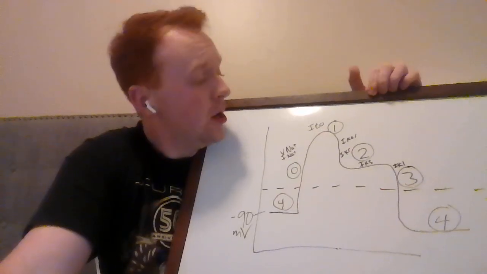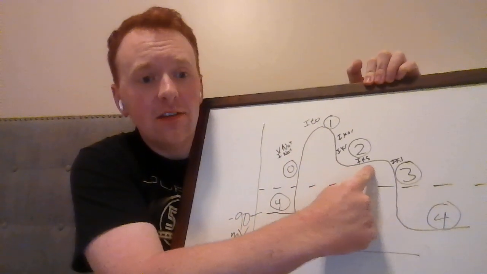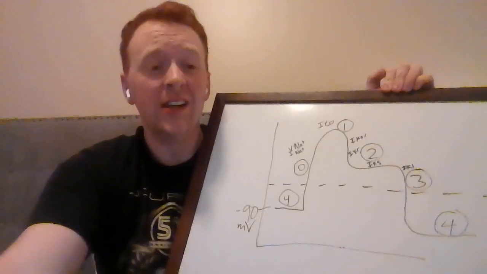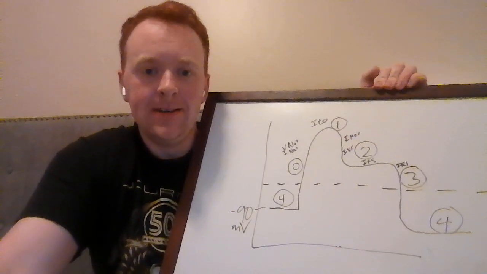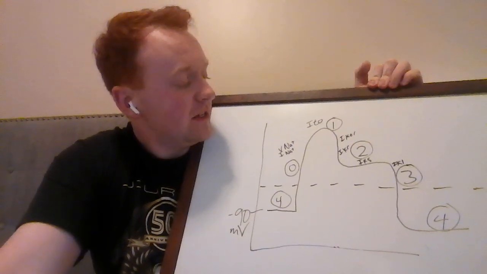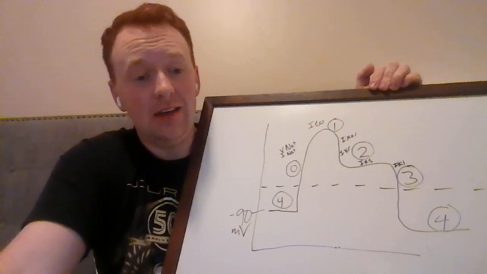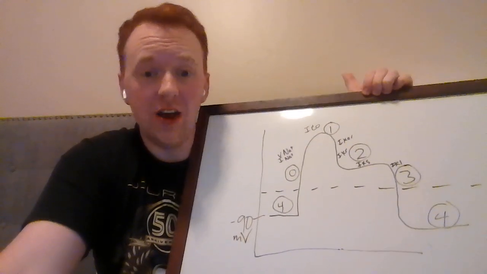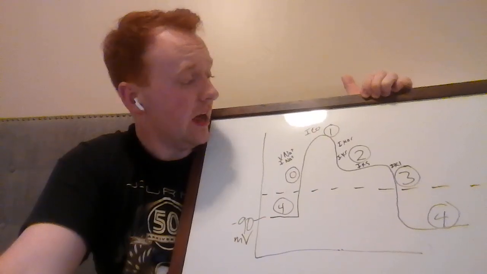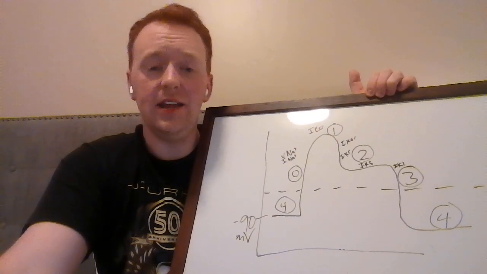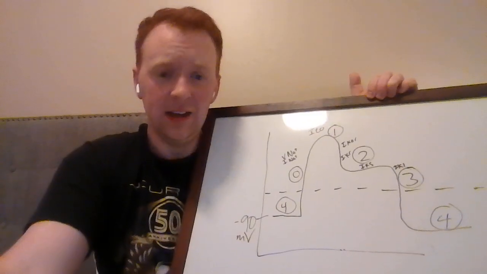For phase 2, we call it the plateau phase. So this phase here. A bunch of channels are around this phase. This specific plateau phase is unique to cardiac muscle and very, very important for contraction. There are L-type calcium channels that open and let calcium in. It's slow and long-lasting.